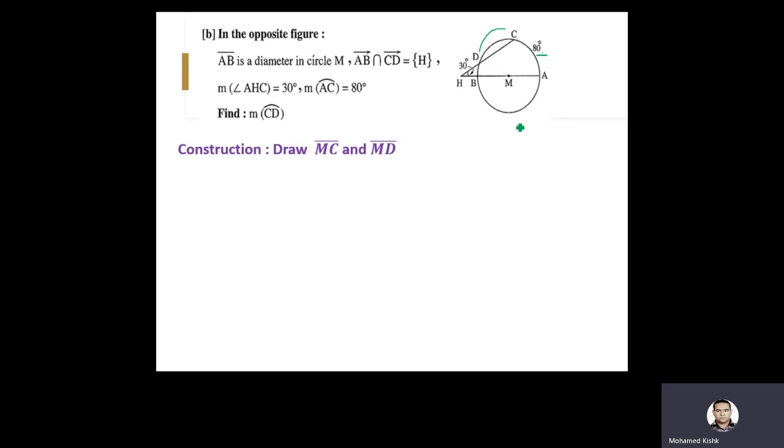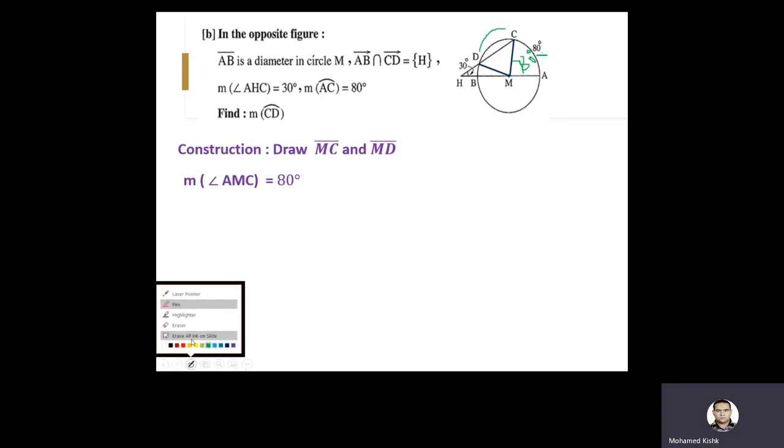So first construction is to draw MC like this and MD. Okay, we have here the central angle AMC, which is opposite to the measure of arc AC. So the measure of angle AMC is equal to 80 degrees also. You can observe that this angle is exterior of this triangle.